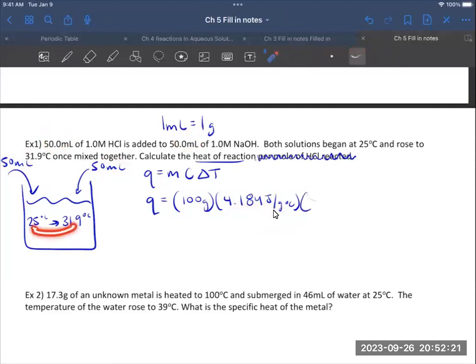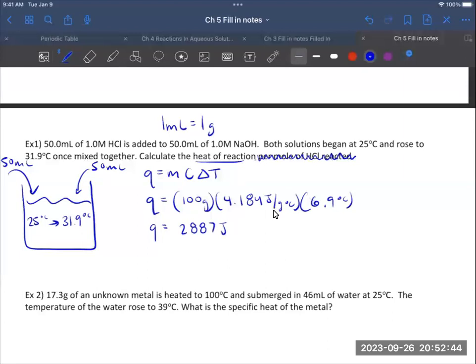So 25 to 31.9 is a change of 6.9 degrees Celsius. Okay, so that means the heat of this reaction is going to be 2,887 joules. And I think we can only have 2 sig figs, because of 25 degrees Celsius.